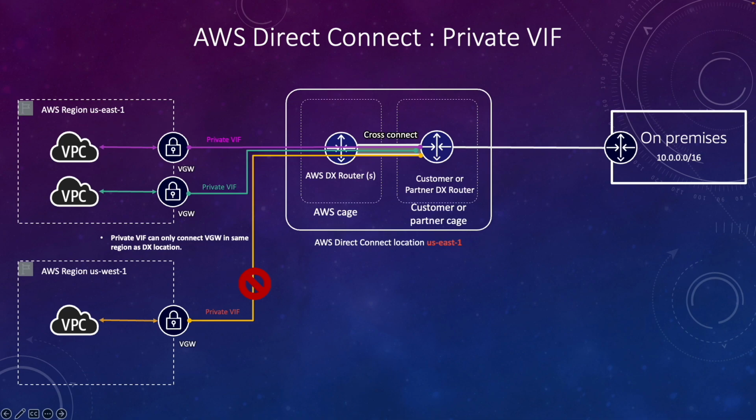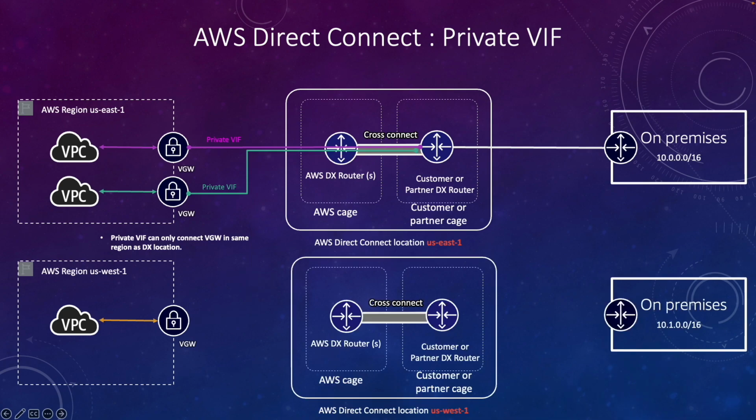But in this case, my Direct Connect connection and my VPC are in different regions. So for that, we can have another Direct Connect connection in the region where my VPC is. We can create a connection there and then we can create a private VIF. That can be one of the solutions, but there's another solution using Direct Connect Gateway, and I'll cover that in a different video.